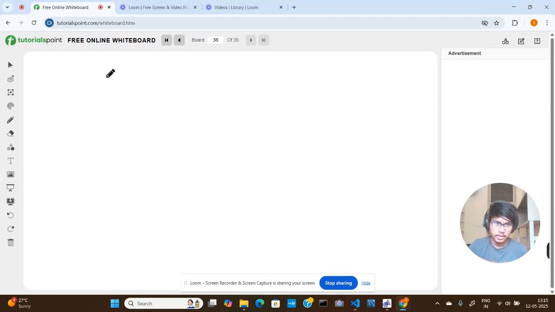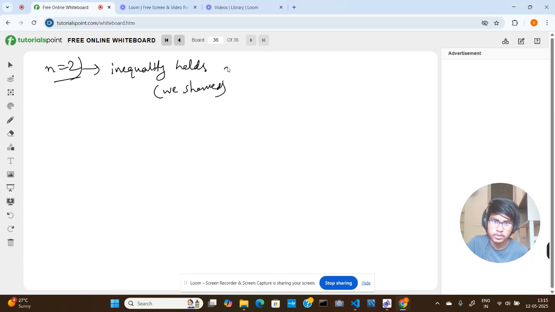So what is our final answer? For n equal to 2, the inequality holds, we showed, and equality when a1 equal to a2 equal to 2.